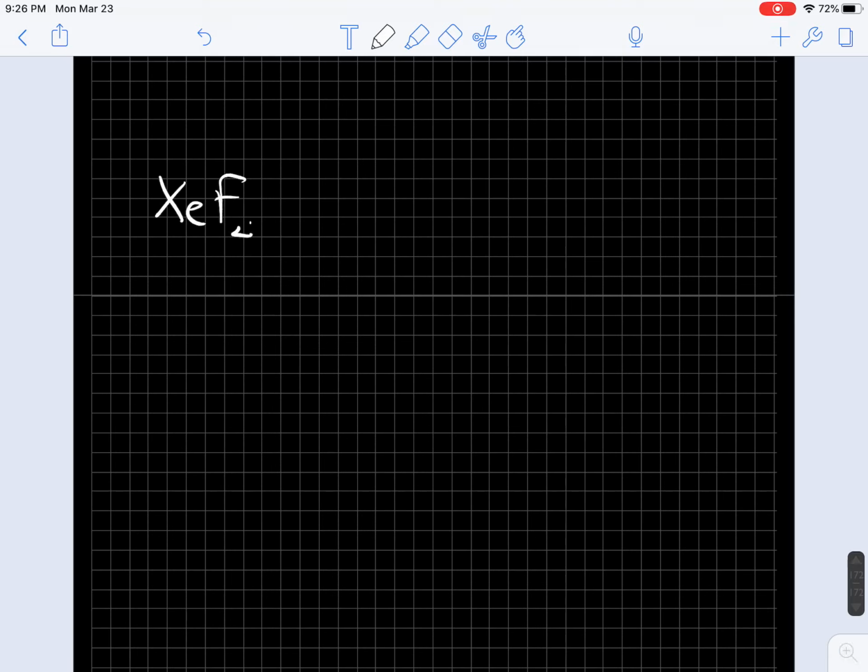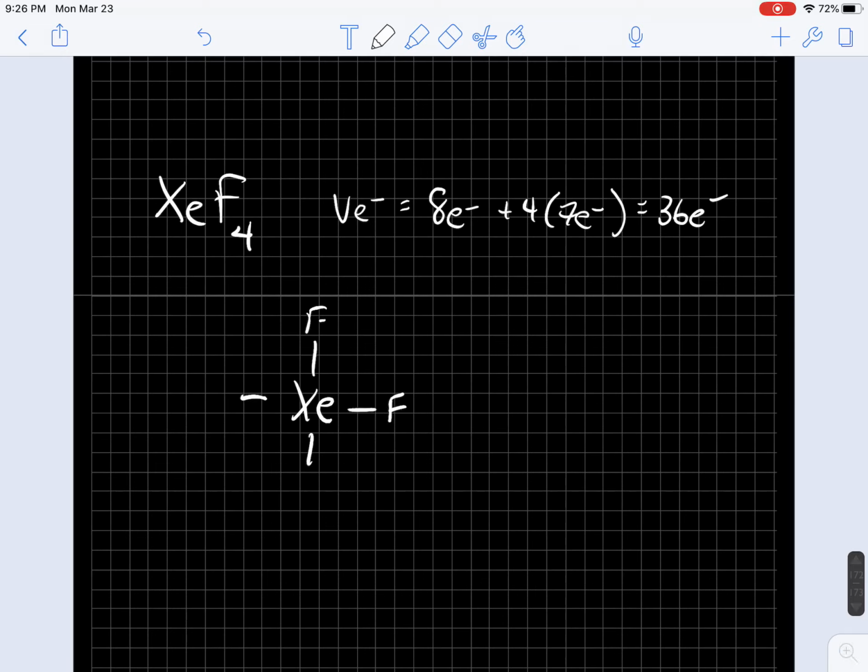Let's try this next one. We have xenon tetrafluoride. So wait a minute, xenon's a noble gas. It can't react with anything. Well, under normal circumstances, it won't. But in a man-made environment, under high pressure and temperature, we can get it to react and we create this particular stable compound. So we're going to set up our budget. Noble gas, 8 valence electrons, and then 4 times 7 for the fluorine halogen. That gives us 36 electrons. Again, we put the xenon in the middle, and then we connect the 4 fluorines.